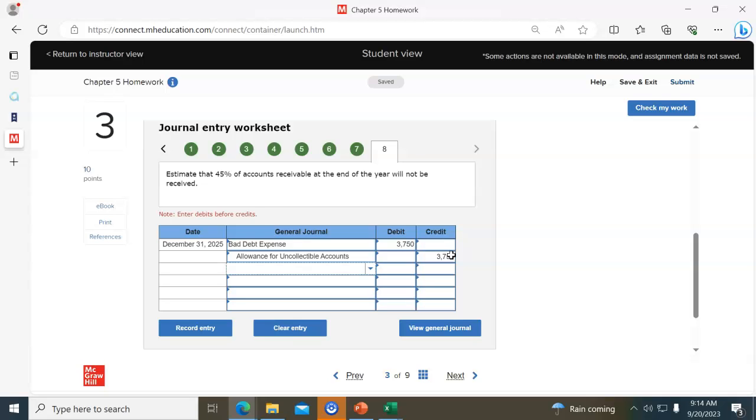Yes? No? Guys, remember, if there's one thing you remember in this class today, for the second year and on, when we estimate our allowance for uncollectibles, that's what we want the new balance to be, not what the journal entry is. Okay? If you can remember that, you got this easy.